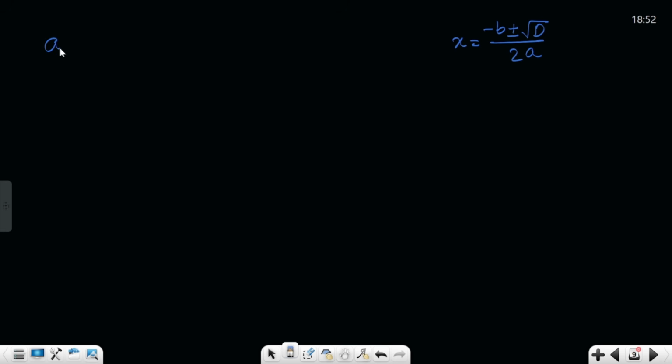Now in the equation ax square plus bx plus c equals 0, let us take a, b, c as rational numbers. But d is not a perfect square. Listen carefully. D is not what? Perfect square.